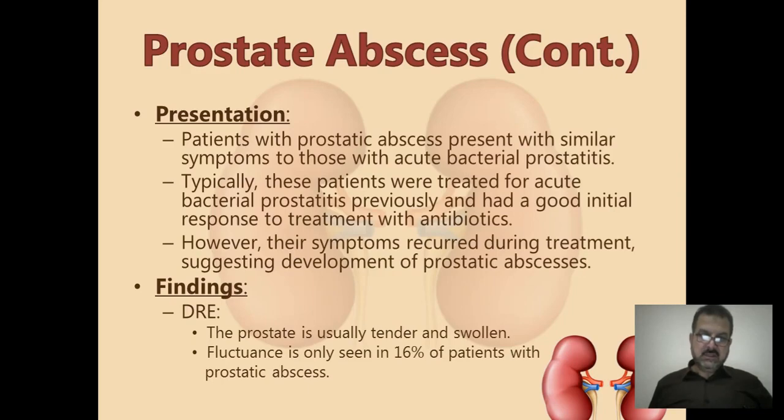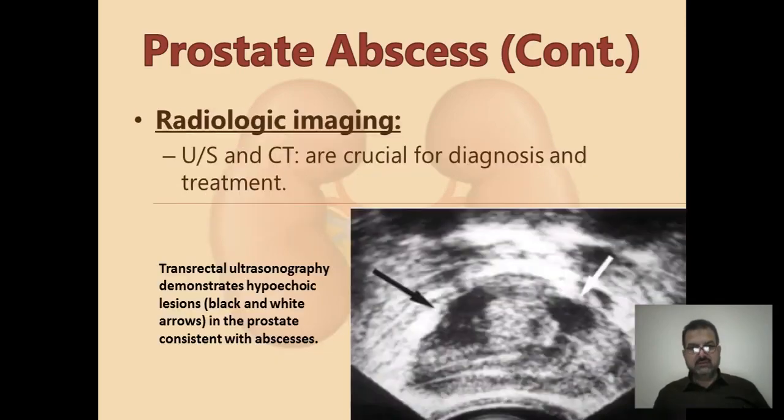Usually, if you are dealing with a patient with acute prostatitis and you feel that there is no good response, repeat the ultrasound to rule out a prostatic abscess. On digital rectal examination you have a tender, swollen prostate. Sometimes you can appreciate fluctuation, only in 60% of patients.